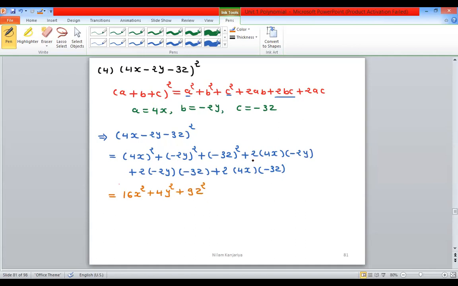Second, look here. The product of this given term, 2 into 4, 8. 8 into 2, it's 16. But the sign, plus and minus, plus minus becomes minus 16xy. Here, again change the sign.